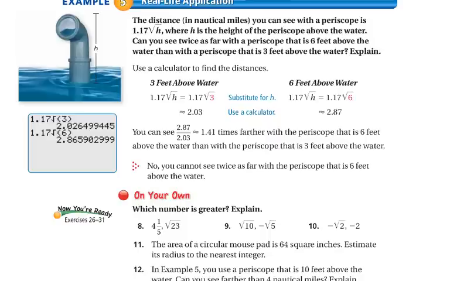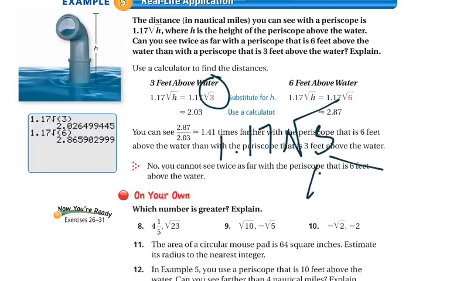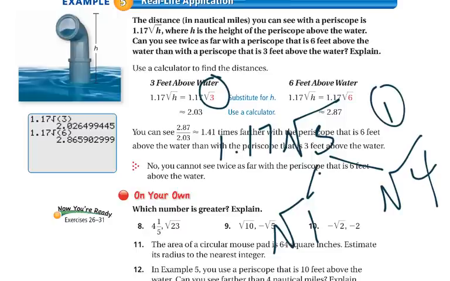So in this example, the issue that I had is that they calculated the square root of 3 in a calculator. I do not want you to do that. So I would say, okay, you have 1.17 times the square root of 3. Well, the square root of 3 falls between the square root of 1 and the square root of 4. It's only 1 away from here, and it's 2 away from here. So it's approximately 2, because the square root of 4 is 2.